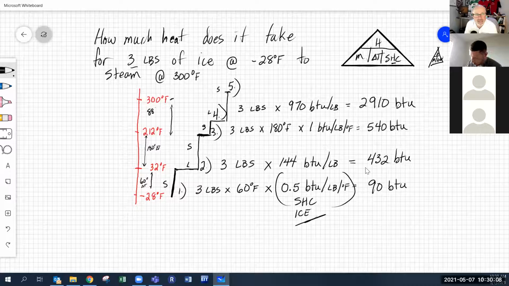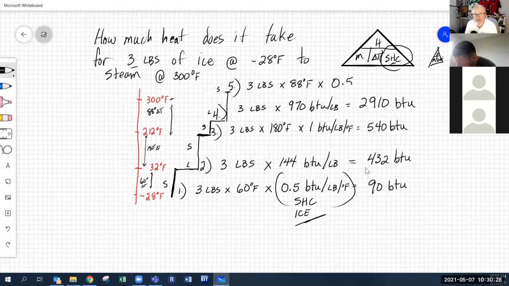That is an 88 degree delta T. So it says, take your mass for sensible heat, multiply it by the delta T, and multiply that by the specific heat capacity of steam, which is 0.5 BTUs per pound per degree Fahrenheit.